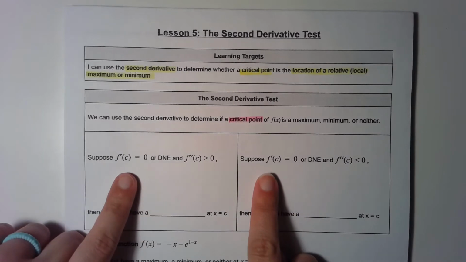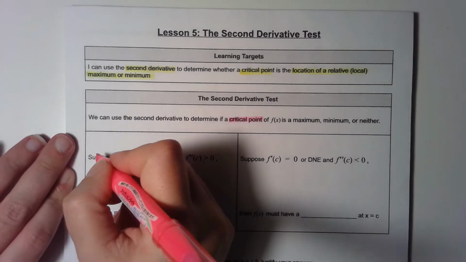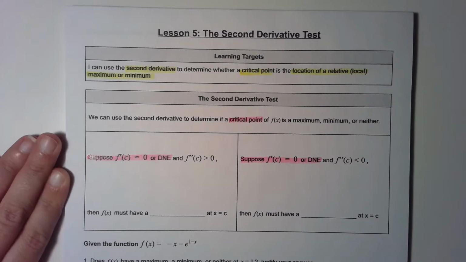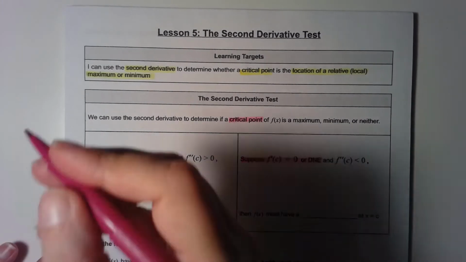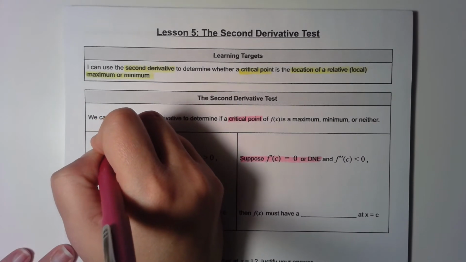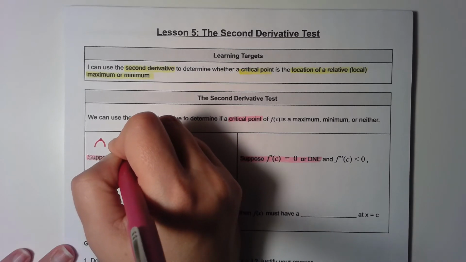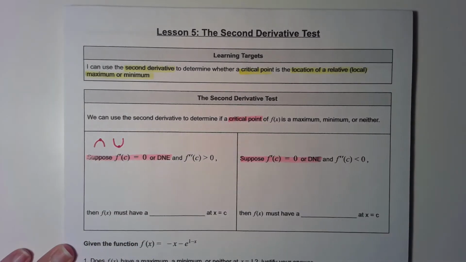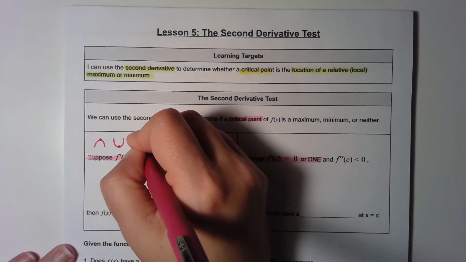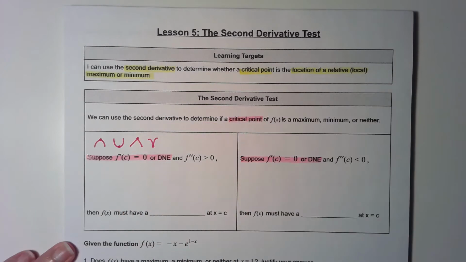So you'll notice that both pieces of this kind of test start with suppose that the first derivative is equal to 0 or does not exist. Now, by starting with that, it tells you that we're either going to have a place where there's a horizontal tangent line, so it's at the top or the bottom of like a hill or a valley, or there's going to be some sort of like a corner there, or a cusp there, or a vertical tangent line there.